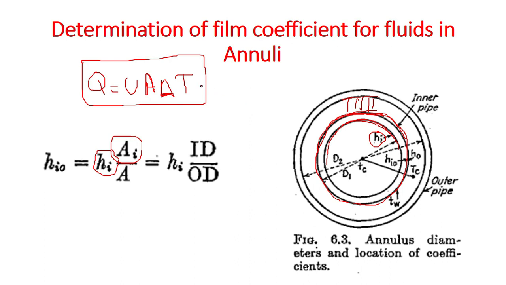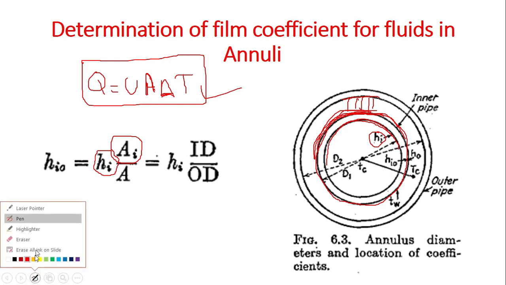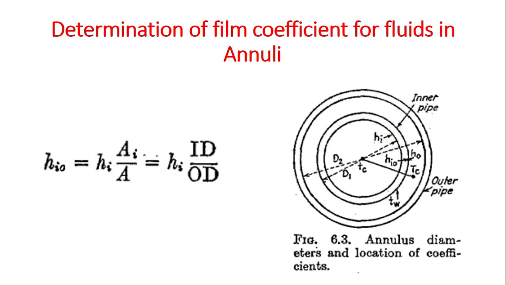Because in this equation we mainly use the surface area which involves the transfer of heat between the hot fluid and the cold fluid, between the inner pipe and the annular region. In order to determine the film coefficient for the annulus region, this is the basic and simplest formula, and you can simply memorize it.